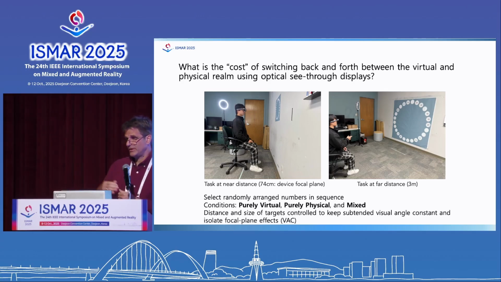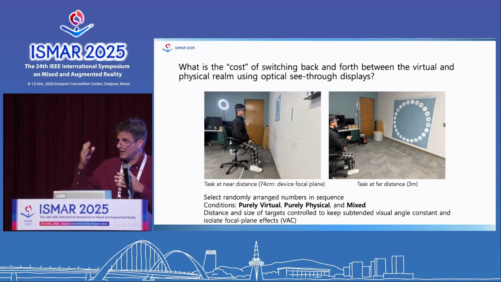What we did is a wall poster, and balls became circles on this wall poster, and we did an overall circle so we could keep distances a little bit more aligned. We had as conditions purely virtual sequences, purely physical sequences, and mixed. And we did this at two distances. The first distance was carefully chosen to be at the focal plane of our display, which was the Magic Leap 2. That is, I think, 74 centimeters or something like that.